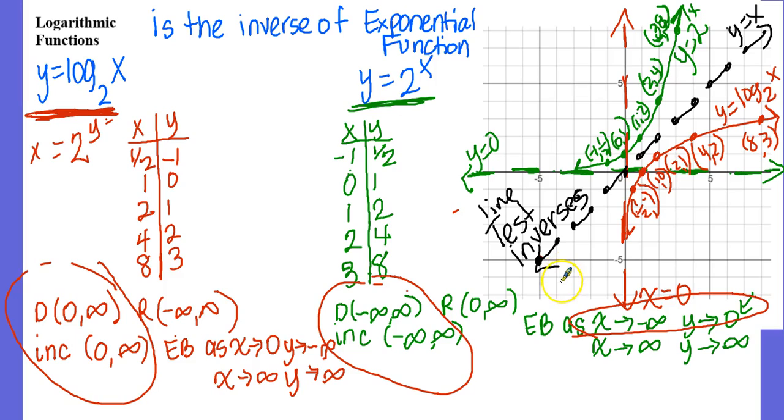If your graphs for inverses are reflected across that line, you have proven that they're inverses of each other. So there's lots of information in that picture to help you, hopefully, on a more deep level, understand inverses and understand how a log is related to an exponential.